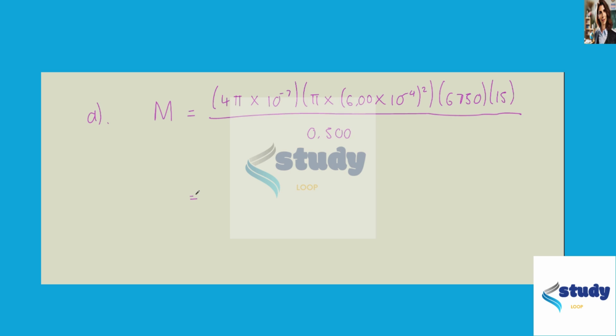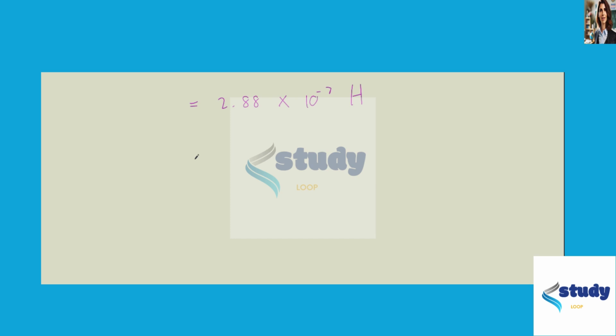And so if we do this calculation, we get the mutual inductance to be 2.88 times 10 to the minus 7 henries. And this is 0.288 microhenries.